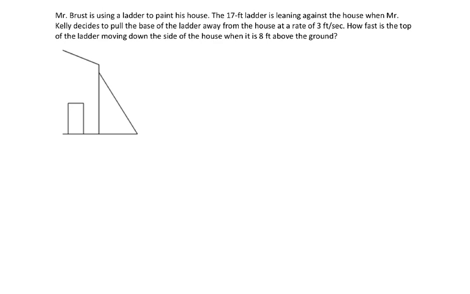So the first thing is they are telling us that the ladder itself is 17 feet long and it's leaning against the house. So this right here is 17. That is where the ladder is facing. And he's pulling the ladder away from the house at a rate of 3 feet per second.